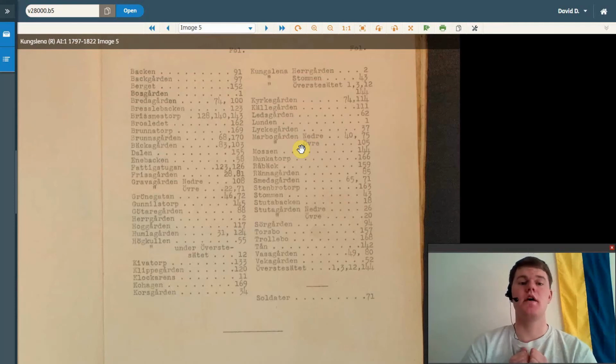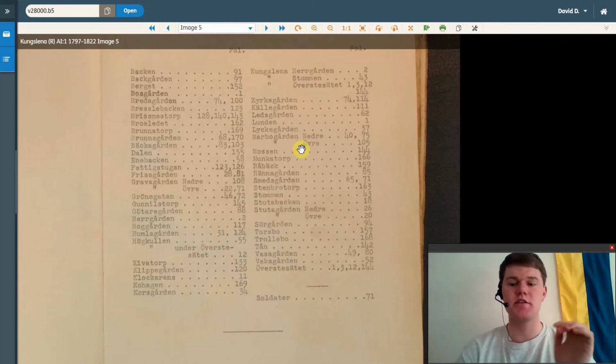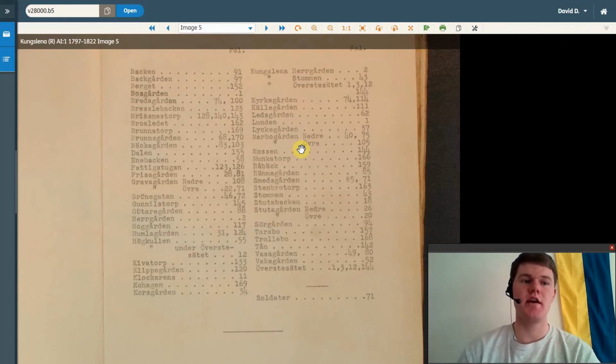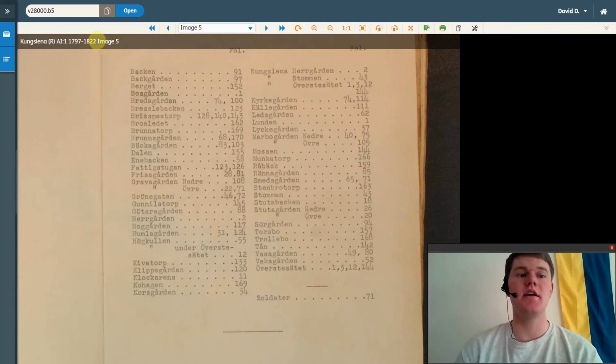And so I look for them, and I just look through all the years for that household examination, because if they're in a household examination 1797 to 1822, then if they're not in the next household examination book in the same village, then they're not going to be moving out after 1822.